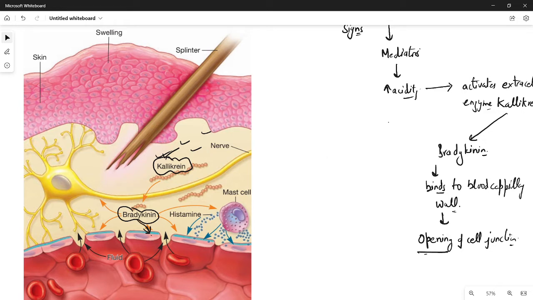This opening leads to the leakage of fluid into the tissue fluid area, along with leukocytes and neutrophils.